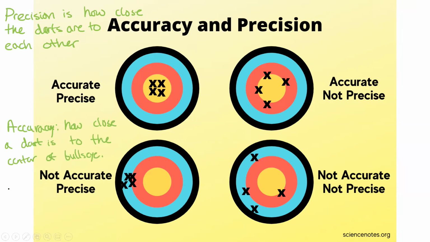So if an individual dart hits the exact center of the bullseye, that is a perfectly accurate throw. The further an individual dart is from the center of the bullseye, the less accurate it is. The closer the darts group to each other, the more precise your measurement ability is. And the further apart the darts are from each other, the less precision you have, the less precise you are.